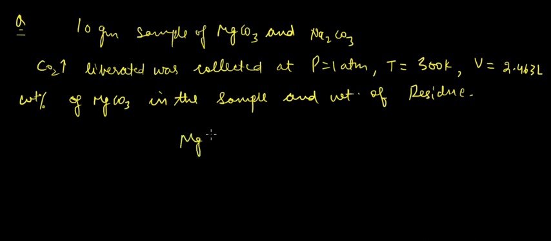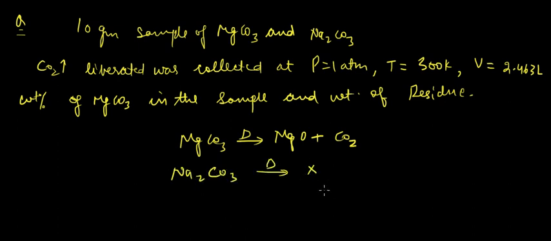So the reaction will go forward as MgCO3 is heated to get MgO plus CO2, and as we know, Na2CO3 will not decompose as we have discussed in the previous lecture. Hence only CO2 will be liberated from MgCO3.